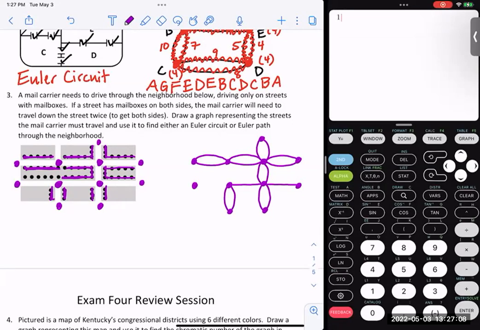This one, again, I just have mailboxes on one side of the street. Just the one edge there. So this is my graph for this one. Yours might look slightly different just depending on where you put your points, but if you put your vertices basically where they were on the map, you should pretty much look like this.